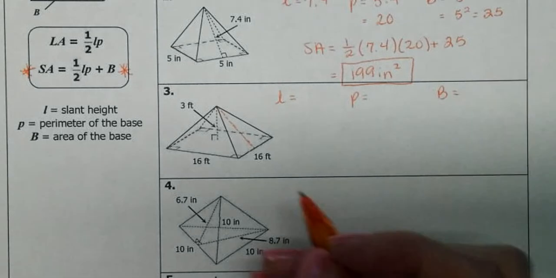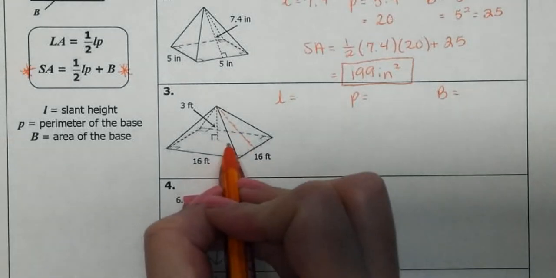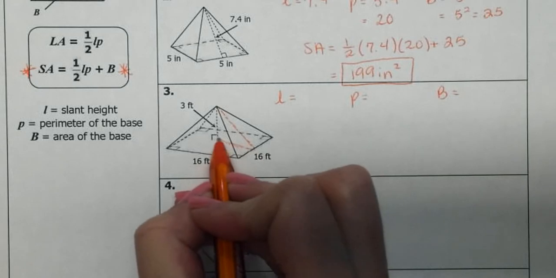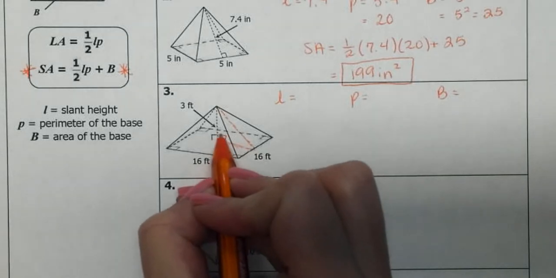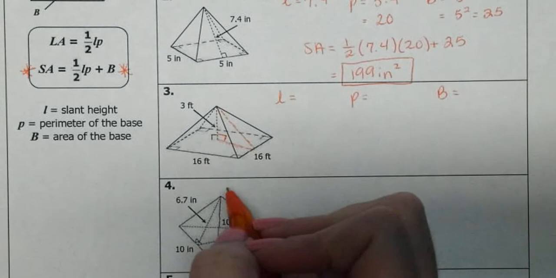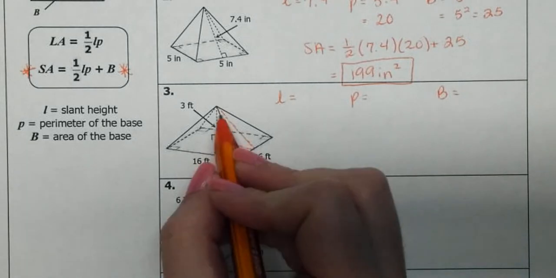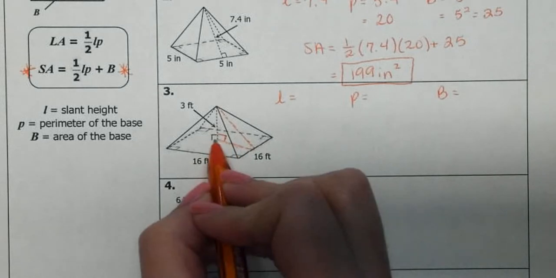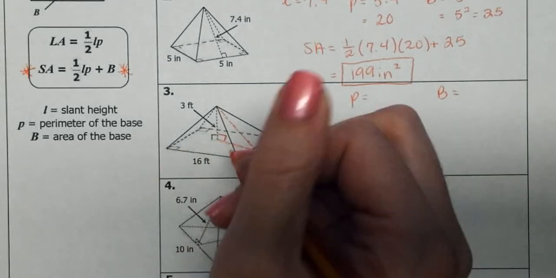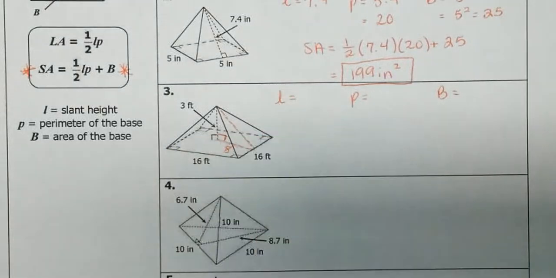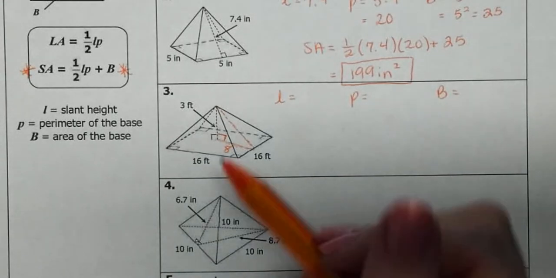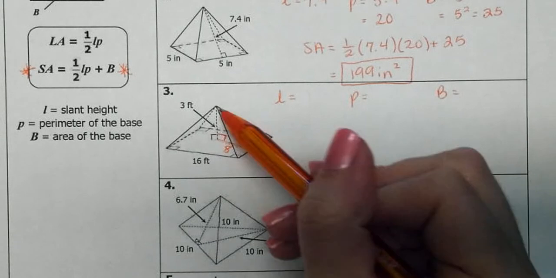So what I'm going to do is I'm going to go from this very center point to the edge, and what I just did was I made a right triangle right here, if you can look at it three-dimensionally. Right there is a right triangle. And I know that this piece is half of the whole side here, so this piece is actually 8. And since it's a right triangle, I can use Pythagorean theorem to find my slant height, which is what I need.